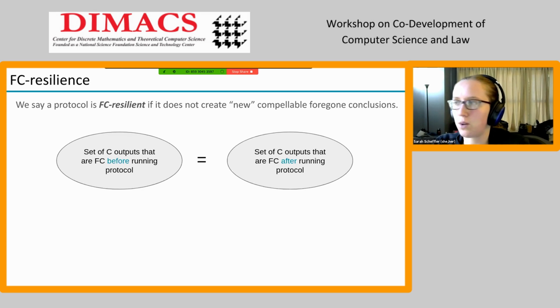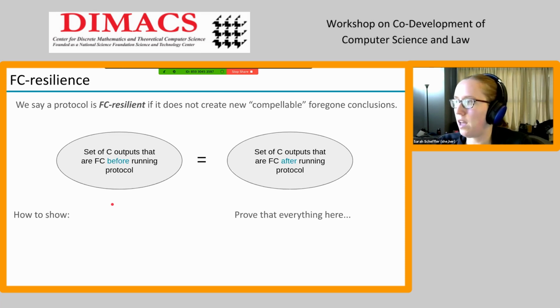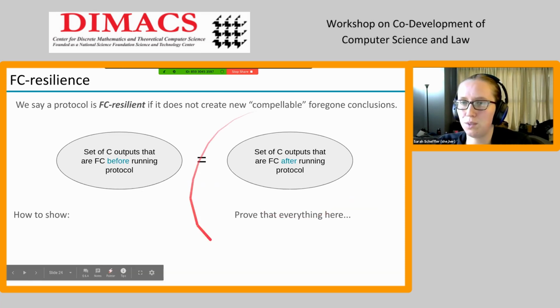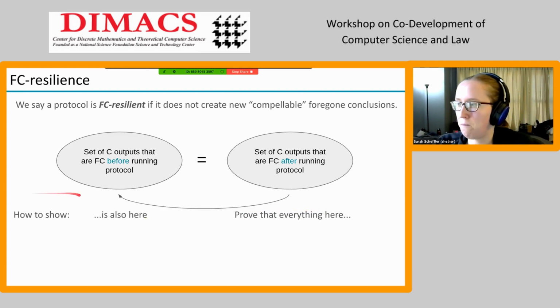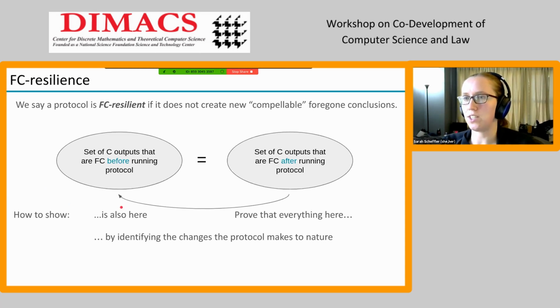Informally, we're going to say a protocol is FC resilient if it does not create new compellable foregone conclusions. And how do we show this? We want to show that everything in the world that is compellable after running the protocol was already compellable before we ran the protocol. And we're going to do this by identifying what changes the protocol makes to both nature and the contents of your mind.